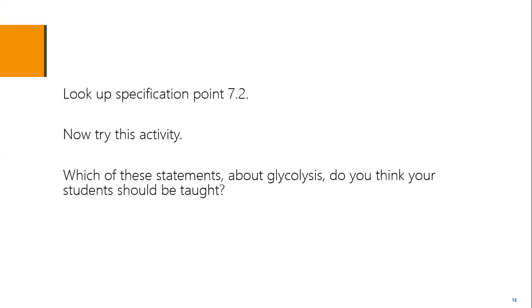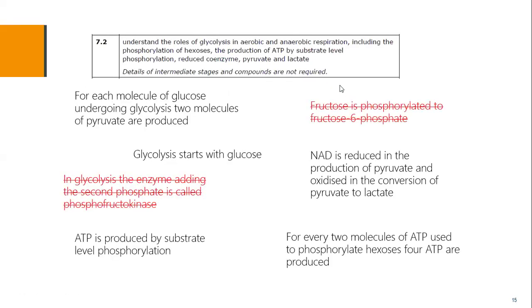If we go back to looking at respiration, we've got lots of ideas about what you should think about when you're teaching about respiration. If we move on to look at statement 7.2, this statement is specifically about glycolysis.